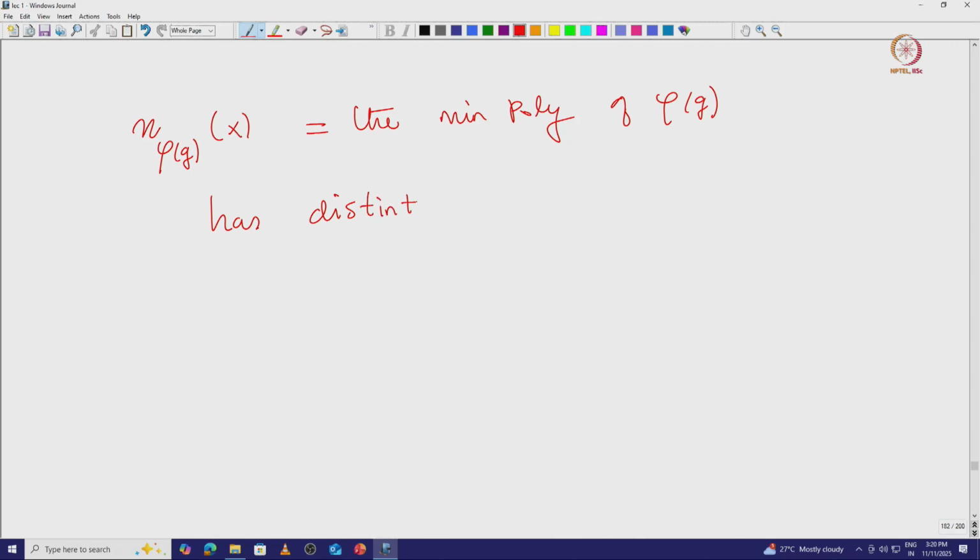That is for sure. Since it has distinct roots, that immediately implies that phi of g is diagonalizable.